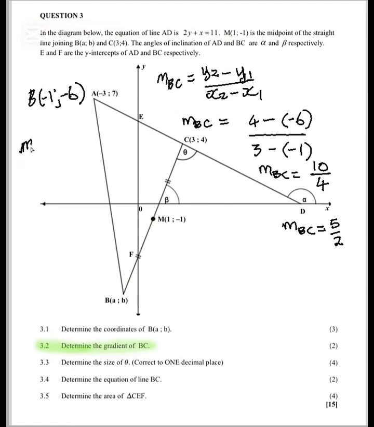So we can say gradient BC is y2 minus y1 over x2 minus x1.